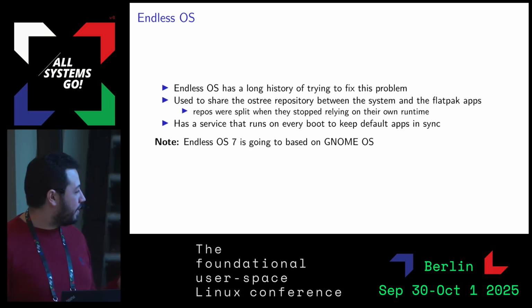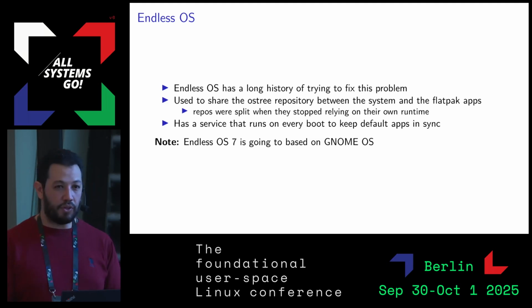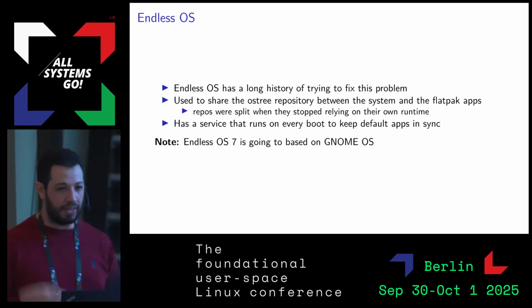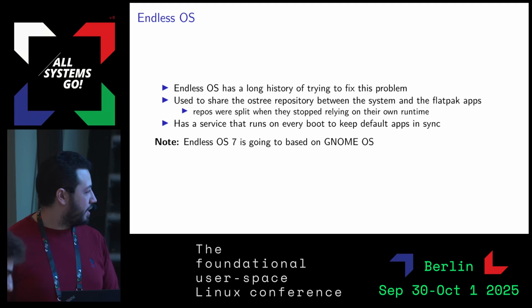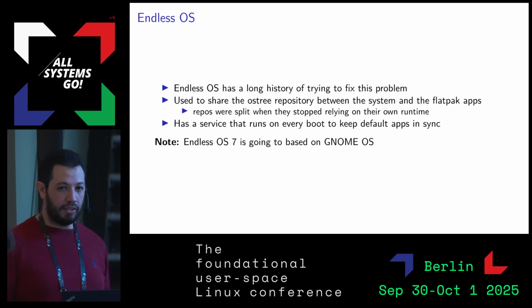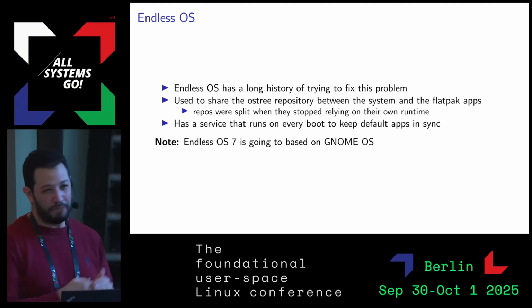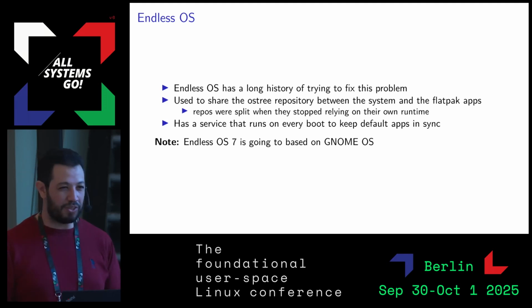But another note is that the next version of Endless OS is going to be based on GNOME OS rather than Debian. It's still going to be OSTree, but it's going to be based on GNOME OS and built with the same tools. So whatever we do here might benefit the newer version of Endless.